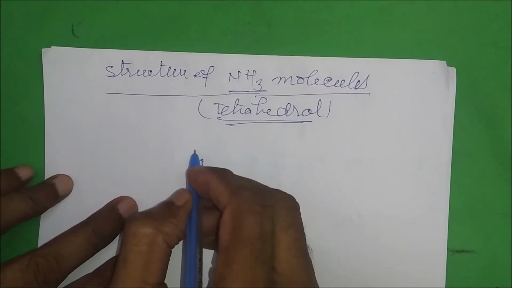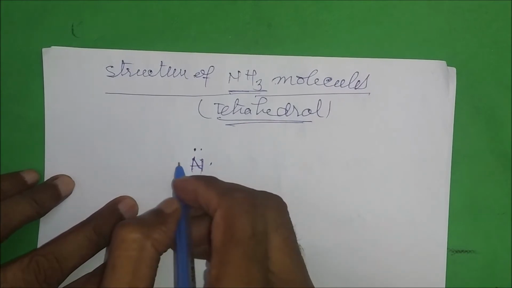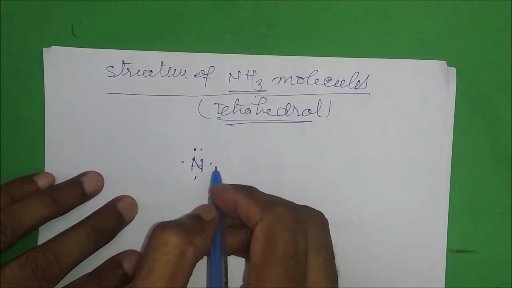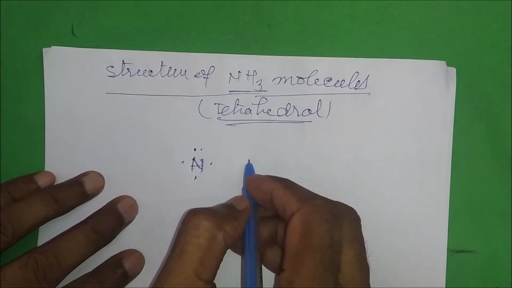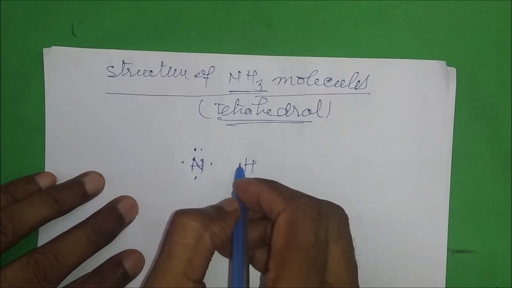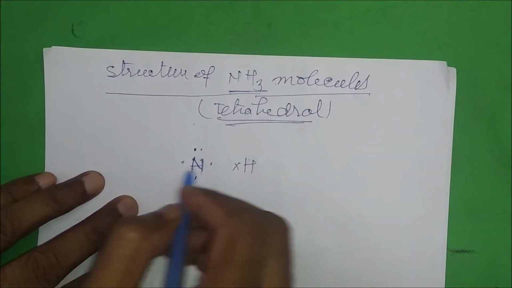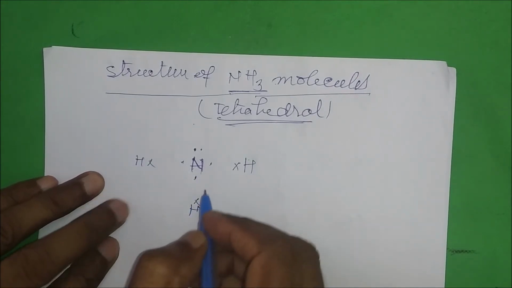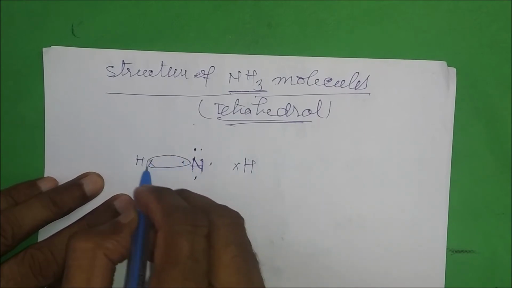Look here, nitrogen. So nitrogen has 2 here, 1 here, 1 here, and 1 here. One hydrogen will be coming in this one, one hydrogen here, and one hydrogen here. So these two, when combined, form a bond.